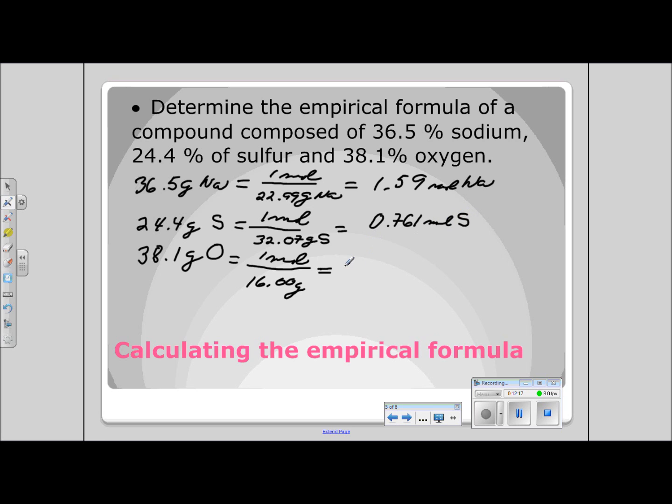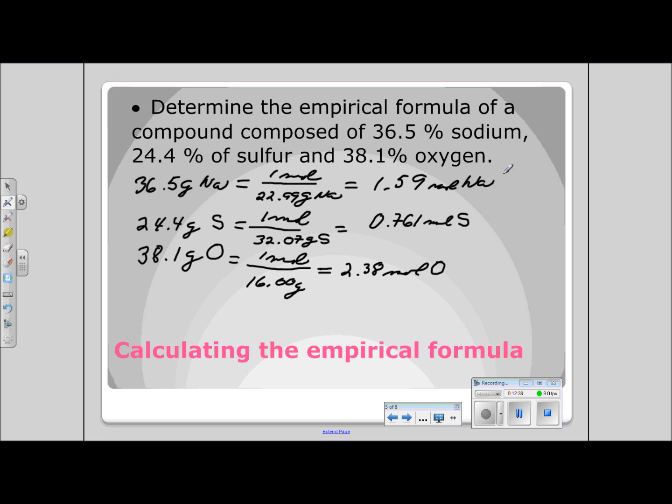And finally, we have 2.38 moles of oxygen. Note that I rounded off to 3 significant figures because the given numbers were 3. Even though we rounded these to 4, we go with the given numbers.